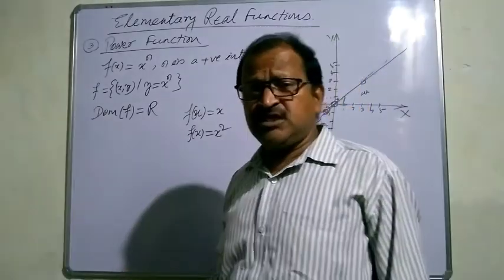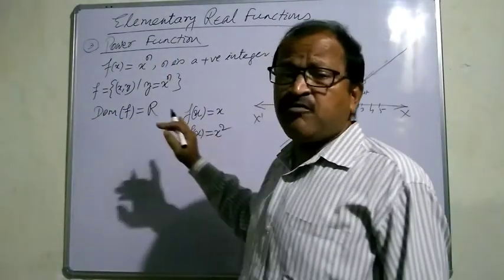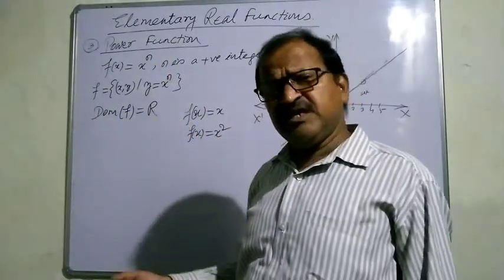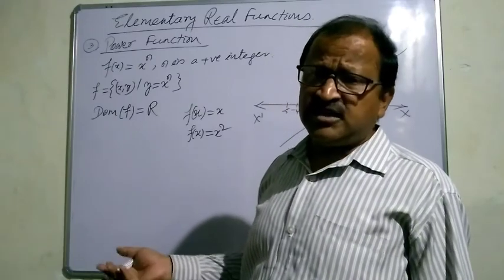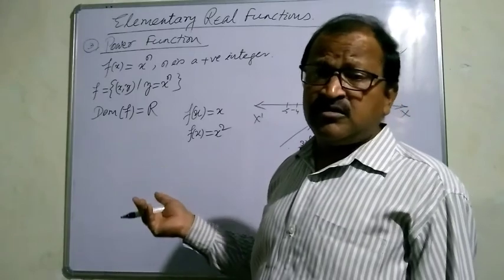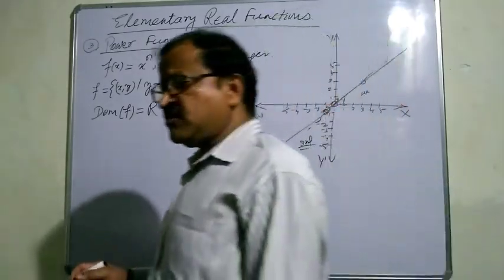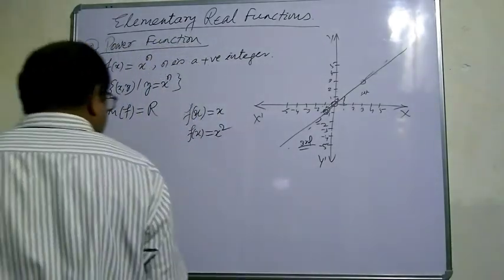The range of the function depends upon n. If you take f(x) is equal to x to the power 3, then its range will differ. Its range will be the set of real numbers. For x to the power 4, it is again the set of non-negative real numbers.